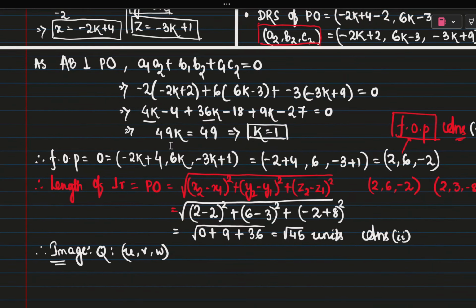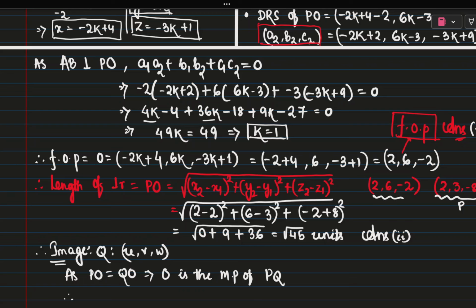As PO equals QO, that implies O is the midpoint of PQ. So when it is a midpoint, this is your P point, and this is your O point.